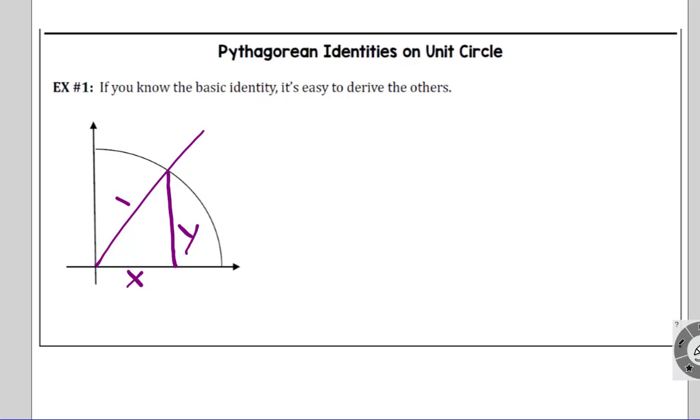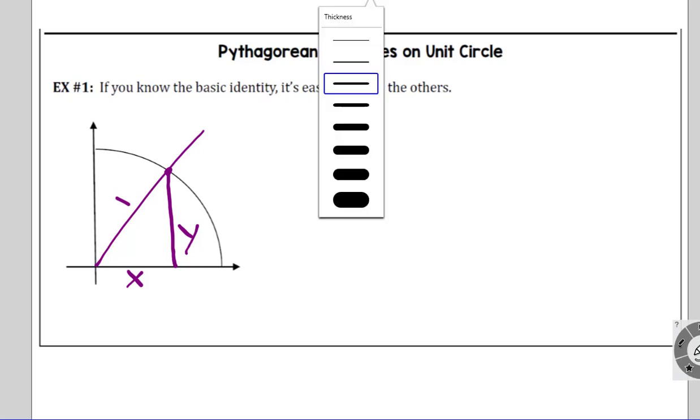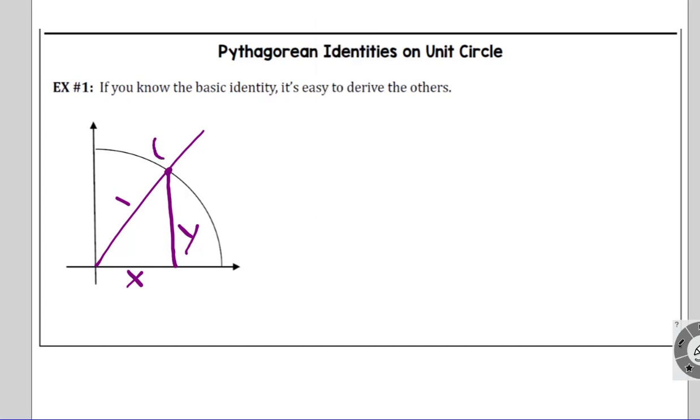That gets us to the point. But we also learned that when we're on the unit circle, we can think of the coordinates of the point as what? Very good. Cosine theta, sine theta.